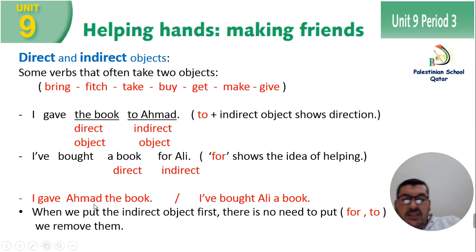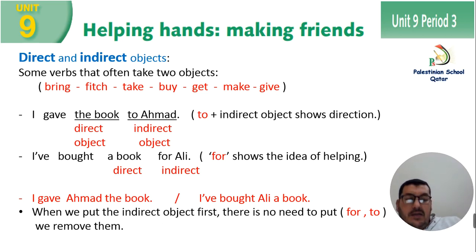So in this case, if we put the indirect object first, there is no need to put to or for. I gave Ahmed the book. I've bought Ali a book. So we remove to and for if we put the indirect object first.